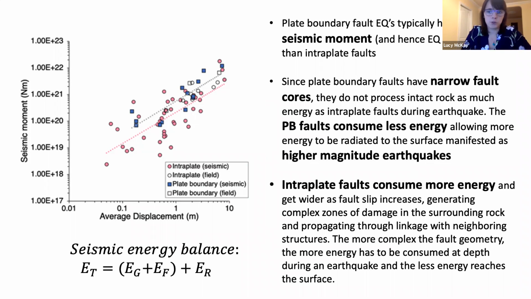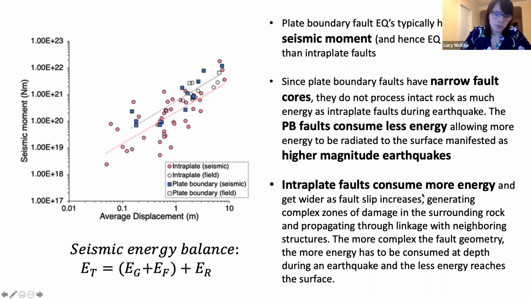Therefore, plate boundary faults consume less energy than intraplate faults during earthquakes, meaning that for a given value of average displacement, more energy is radiated to the surface. So plate boundary faults don't consume as much energy here, therefore they can radiate more energy as seismic waves.